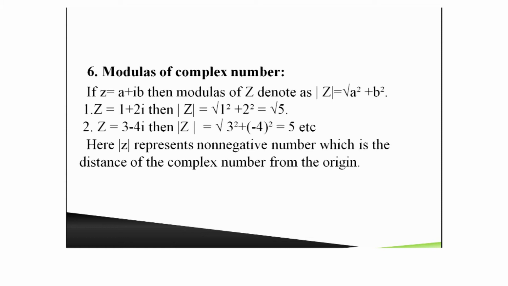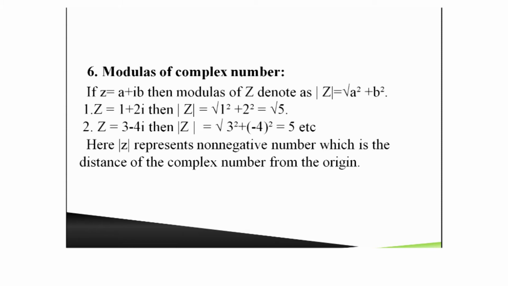For example, if z is equal to 1 plus 2i, then mod z is equal to the square root of the real part square, 1 square, plus the imaginary part square, 2 square, which is equal to root 5.